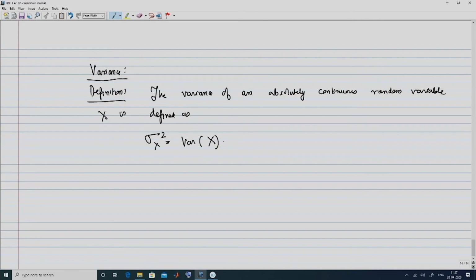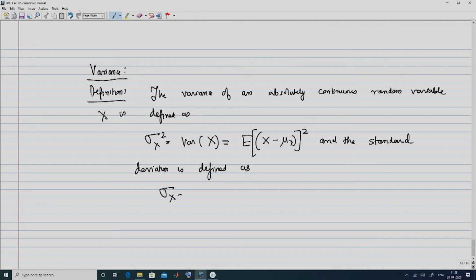So, this is sigma x square equals var X, which is the expected value of X minus mu x, whole square, and consequently the standard deviation is defined as sigma x equals SD of X, defined as the square root of variance of X.